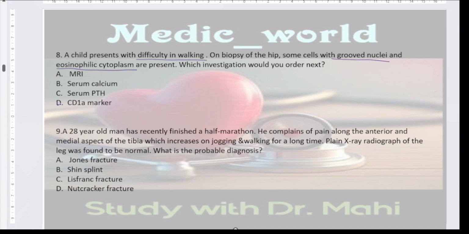So the answer to this question is option D, that is CD1A marker is present in LCH only. So to diagnose the case, we have to do CD1A marker because grooved nuclei and eosinophilic cytoplasm can be present in LCH as well as chondroblastoma.